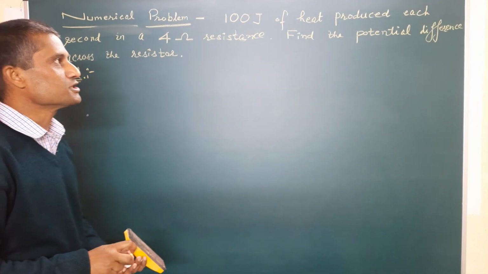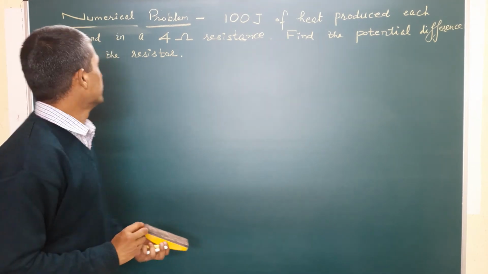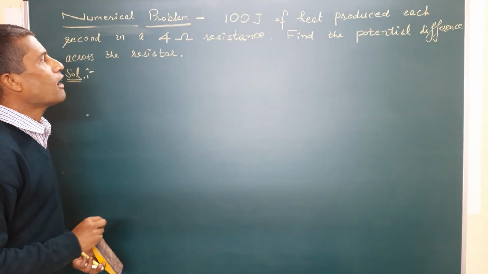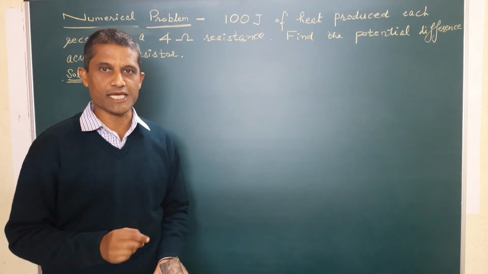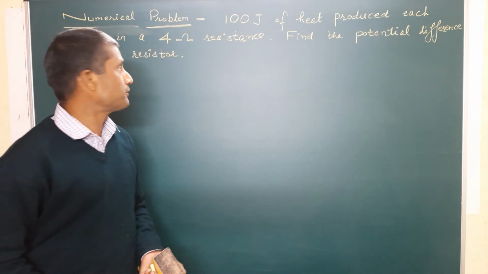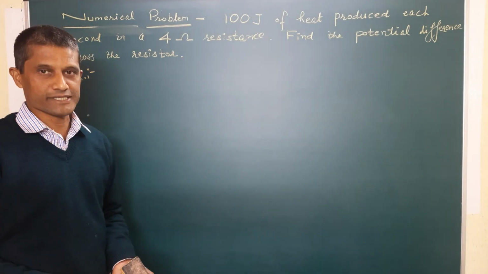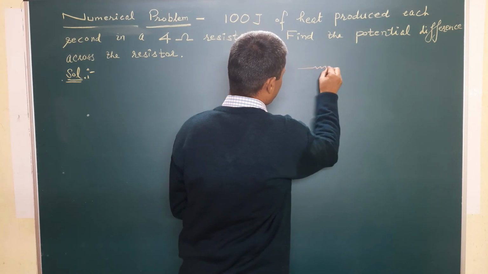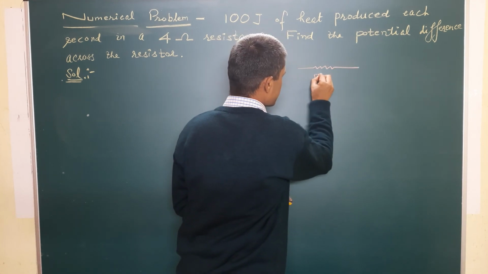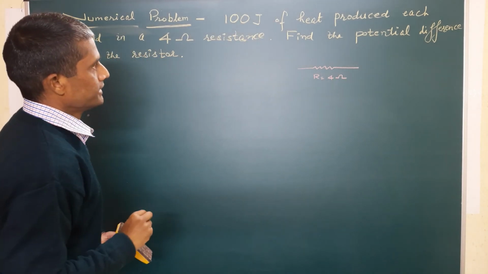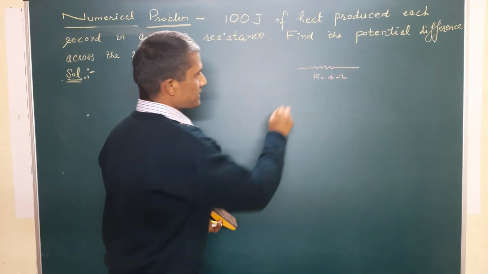It's given that heat produced is 100 joule in each second in a 4 ohm resistance, and the 4 ohm is the resistance given. Find the potential difference across the resistor. So here is the representation for the resistor, and its resistance is 4 ohm, and 100 joule of heat is being generated.